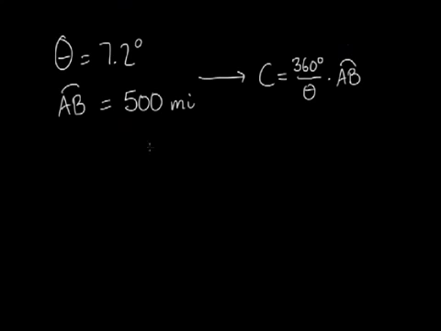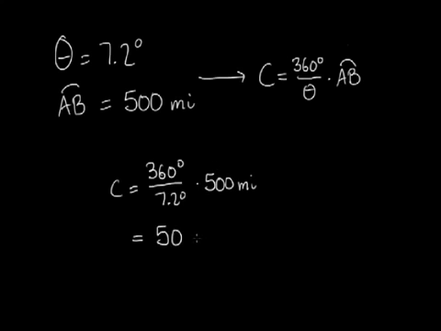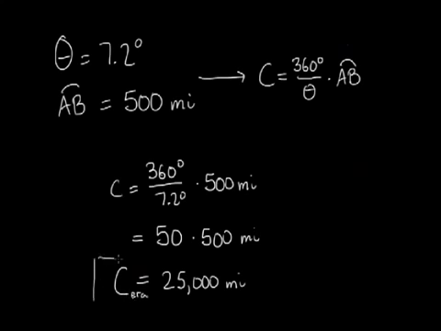And so this is very simple to do. We plug in 7.2 degrees for theta, we plug in 500 miles for AB, and in the end we find that C is equal to 50 times 500 miles, or 25,000 miles. So this is our estimate, or Eratosthenes' estimate, for the circumference of the Earth. Let's call that C Eratosthenes.